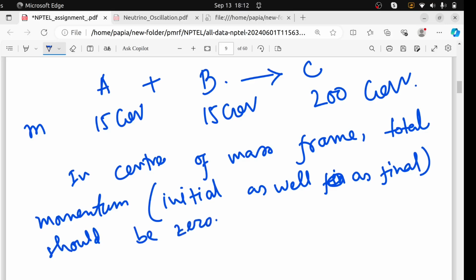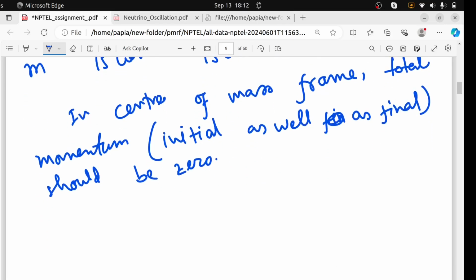So what does this mean? This means that in the center of mass frame, there is one particle A, there is another particle B. This is the initial system, right? Because two particles are colliding and one C will be produced. So C will be in the final state, and A and B will be in the initial state. So in the center of mass frame, the total momentum should be 0 for the initial case as well as for the final case.